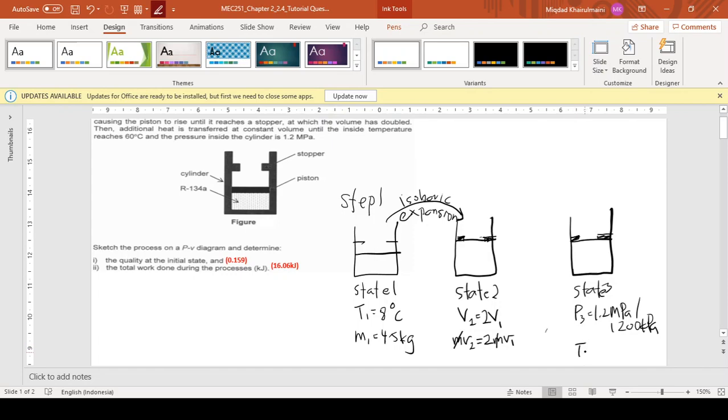So T3 here is given in the question as 60 degrees Celsius. So state 2 and state 3 is the second process. So this is a constant volume or isochoric process. Expansion or heating process, it doesn't matter. So this is step 1.